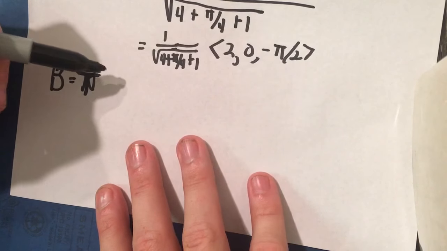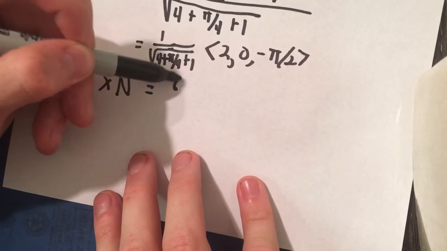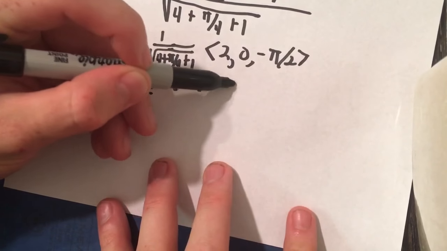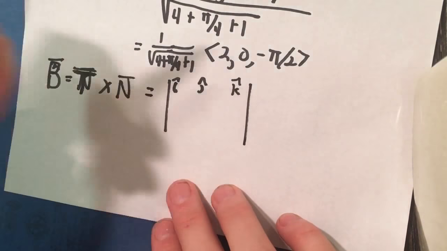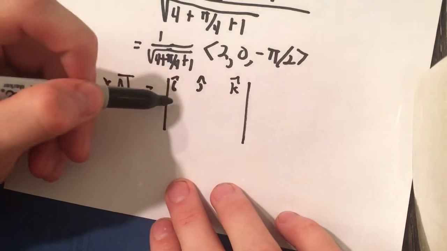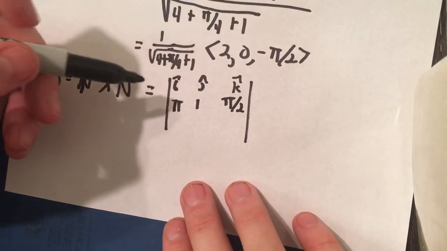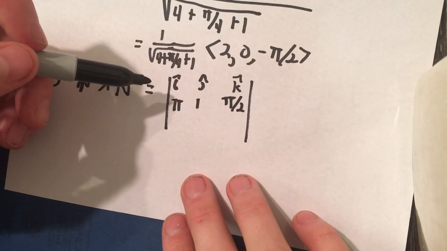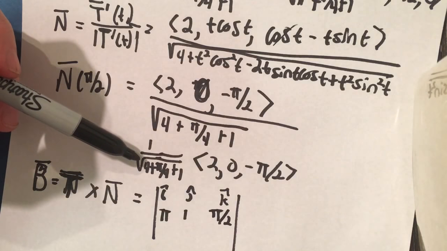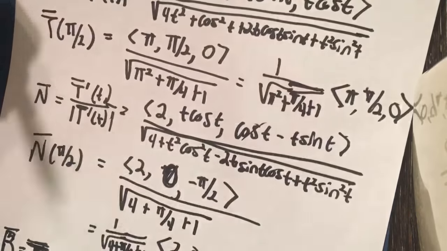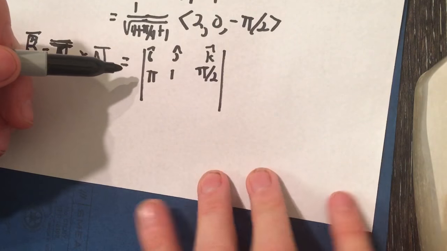When you do this determinant, which is how you take a cross product, subbing in for pi over 2, you would get pi, 1, pi over 2, and that's multiplied by these two magnitudes for both n and t, which I combine together so that I can factor it out of the determinant.